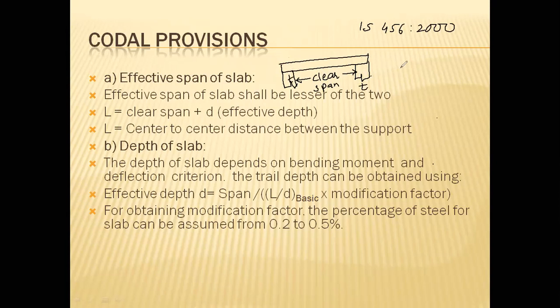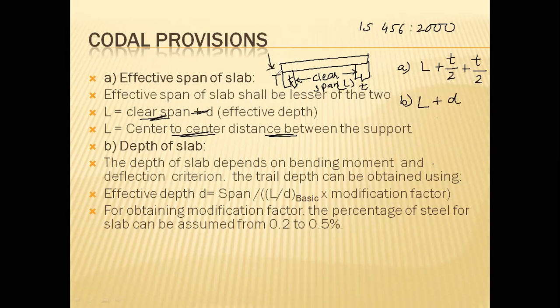So the very first is the center to center distance between supports. That means if I say L is the clear span, then L plus half the thickness from the left side and half the thickness from the right side. What does the second point say? Clear span plus effective depth.